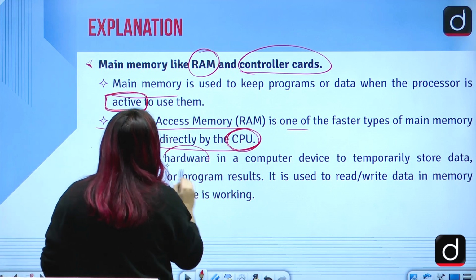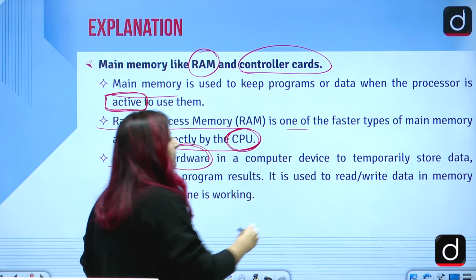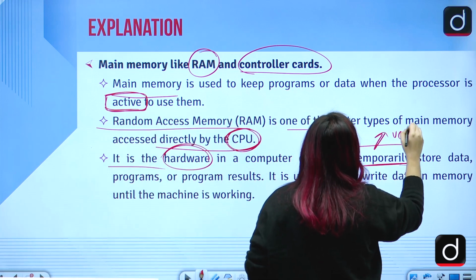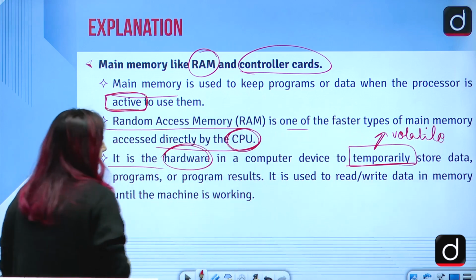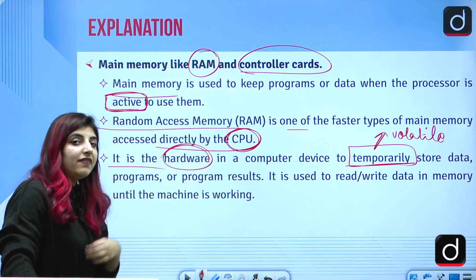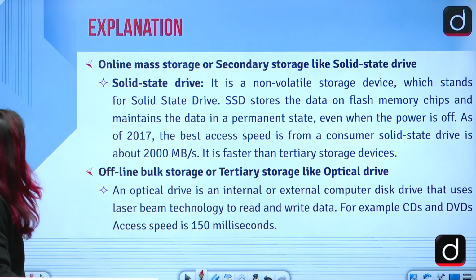It is the hardware in a computer device to temporarily store data. So as it is saying, temporarily store data, which means it is volatile, and the data will be there until the machine is working. Once the machine is turned off, the data will not be stored there.